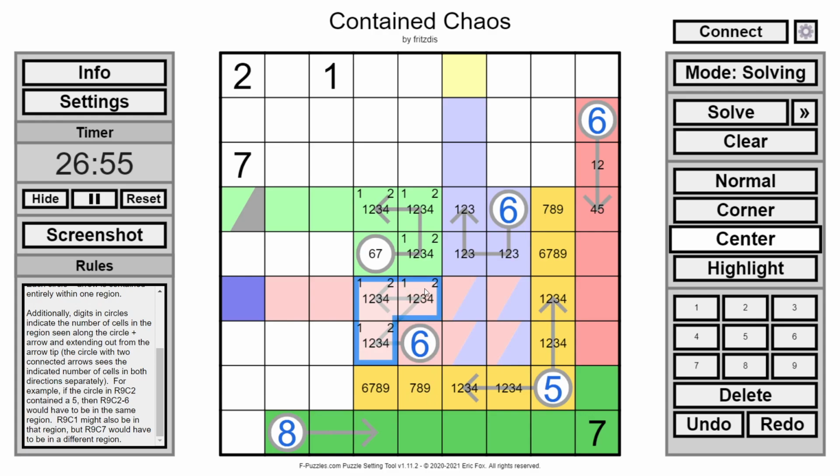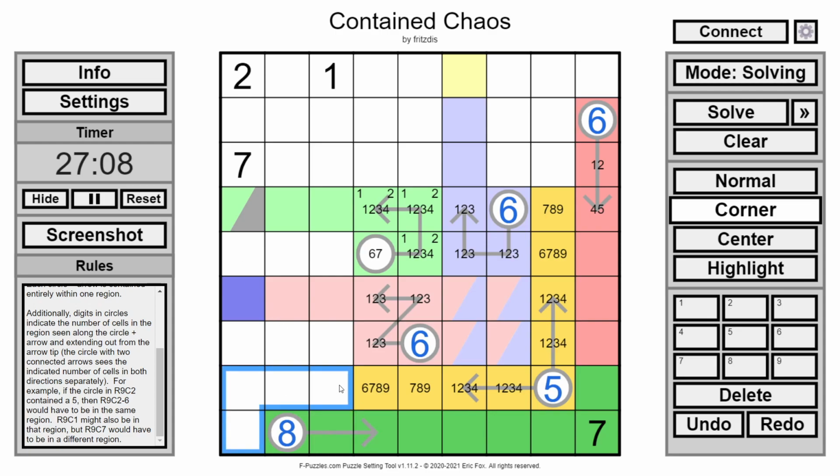This can't be a 6, I just noticed. Okay. Oh, this could be 3-5 as well. That's fine. We don't need to worry about that arrow yet, I don't think. So none of these are dark green, because dark green is done, along with dark yellow. Both of those are done.